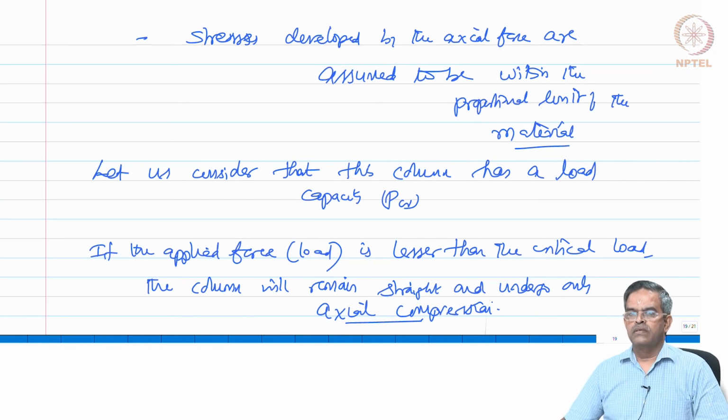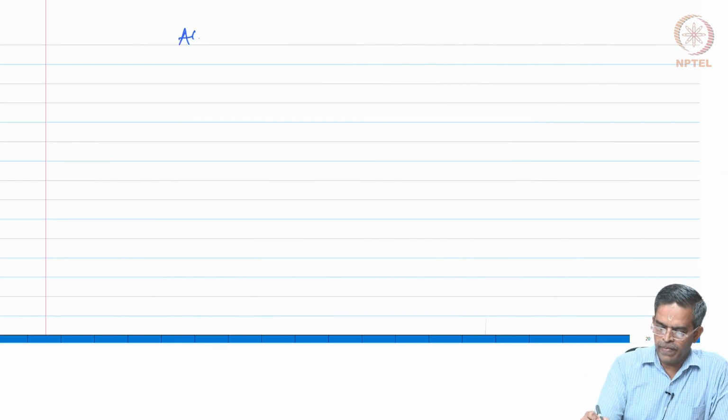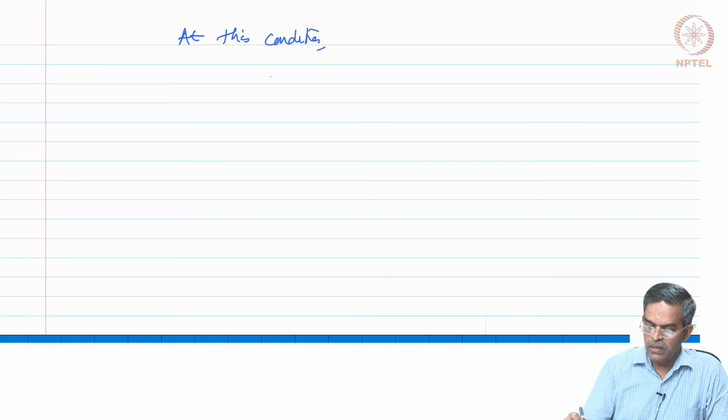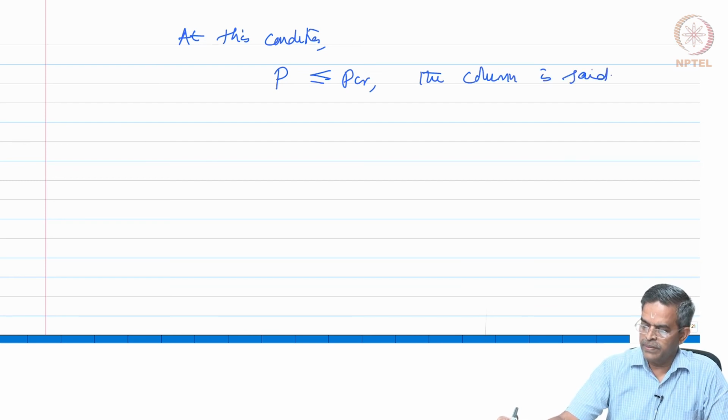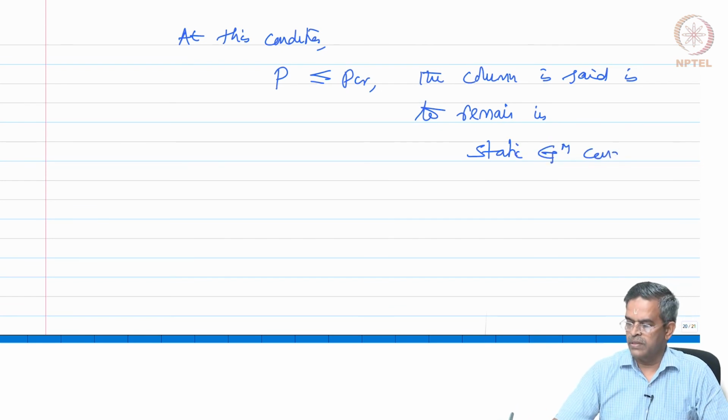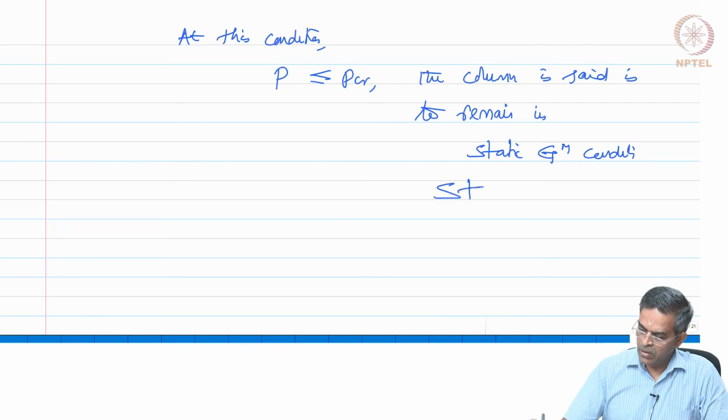Under this state, the column is said to be in static equilibrium. What is this condition? P lesser than or equal to PCR, the column is said to remain in static equilibrium condition. This is called stable equilibrium condition.